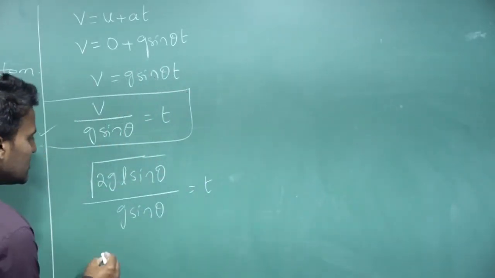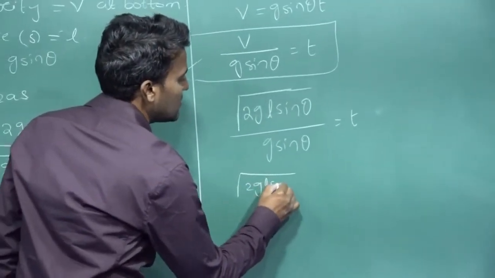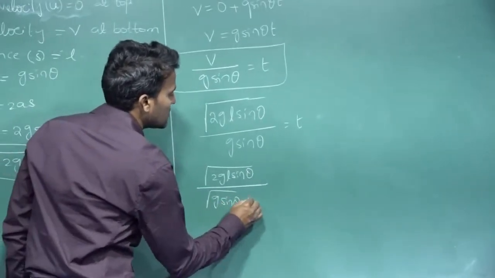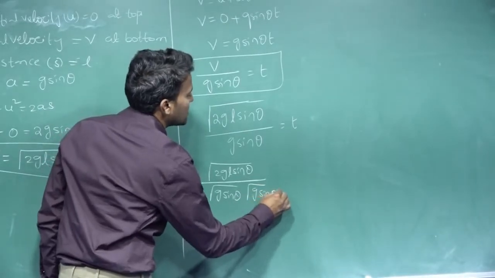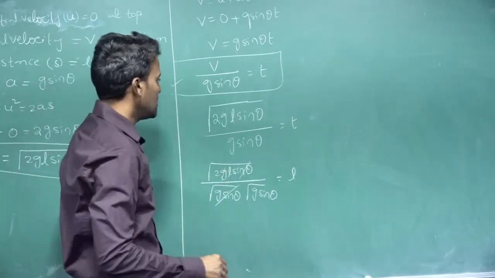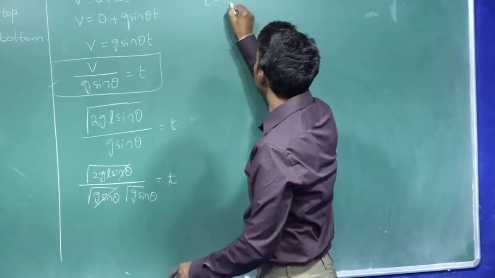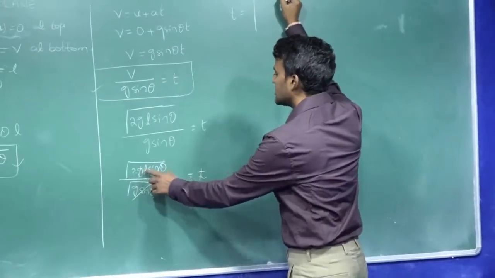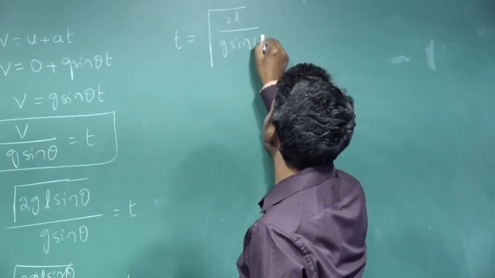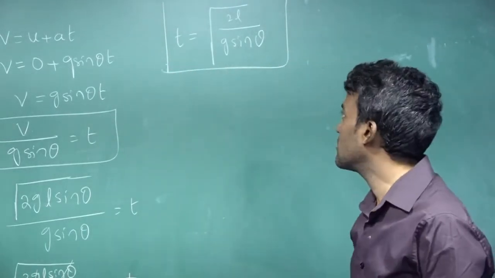Now g sin theta I am writing as root g sin theta into root g sin theta. See here, one root g sin theta gets cancelled. Then t is finally equal to under root of 2L divided by g sin theta.